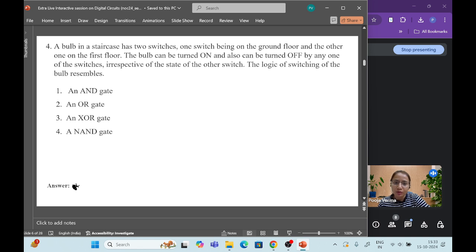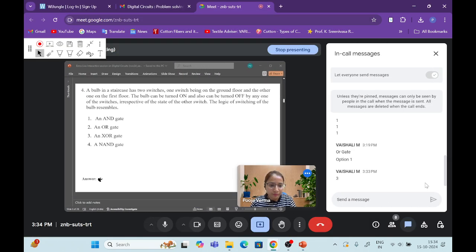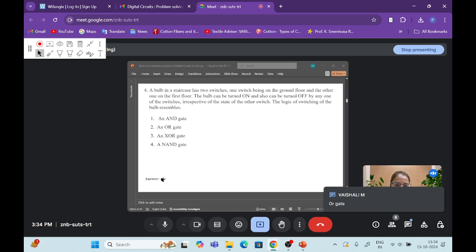The logic of the switching of the bulb resembles option 1, an AND gate, option 2, an OR gate, option 3, an XOR gate, or option 4, a NAND gate. So this is a very famous practical question. You can answer this question at least. Yeah, at least you can try.